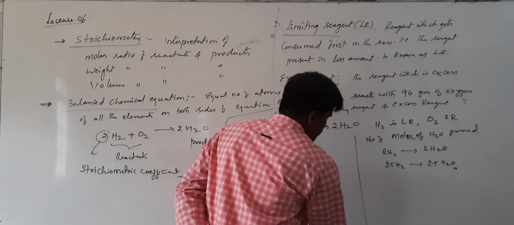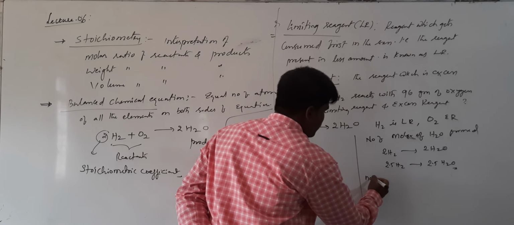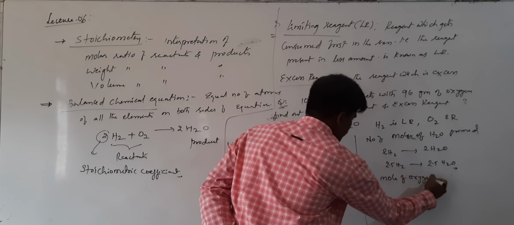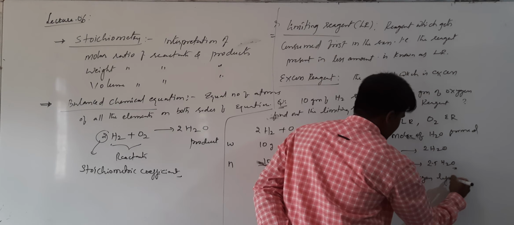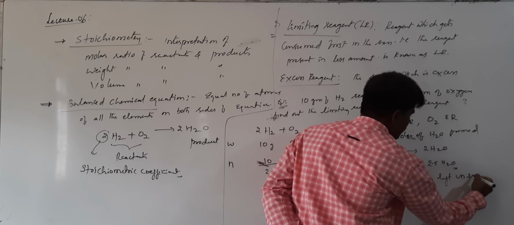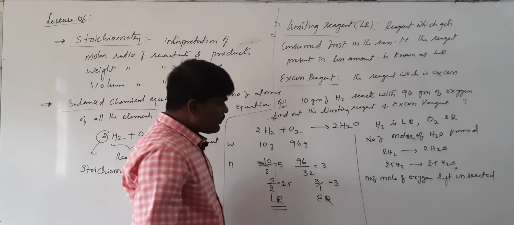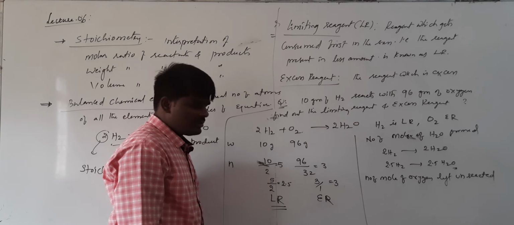And you may also be asked the number of moles of oxygen left unreacted. How many moles of oxygen is left unreacted? How many moles are there in total? 3 moles are there, right?